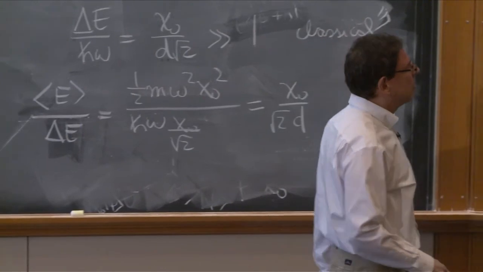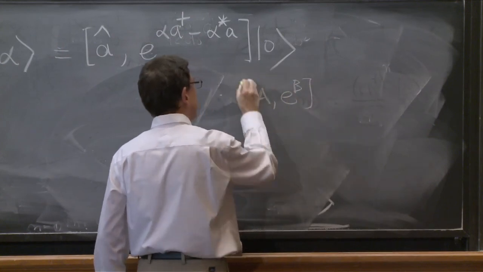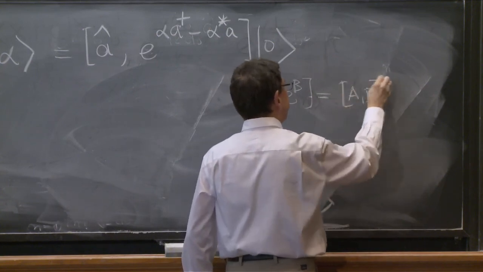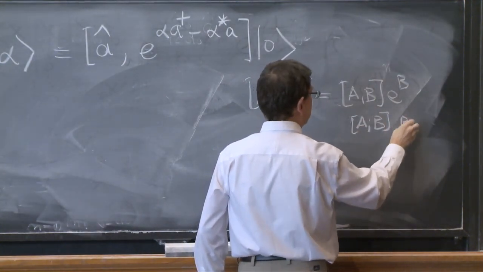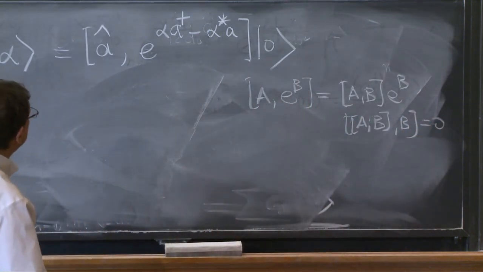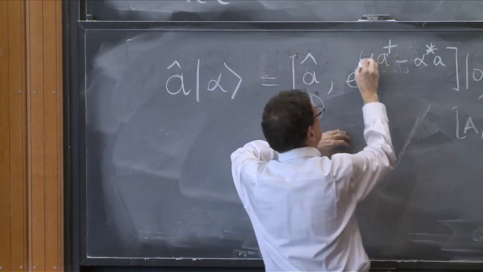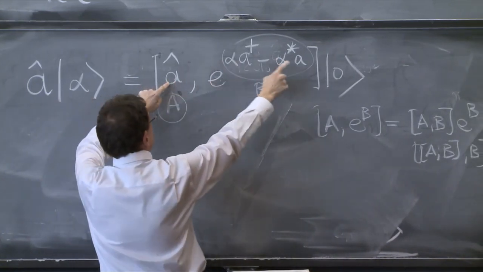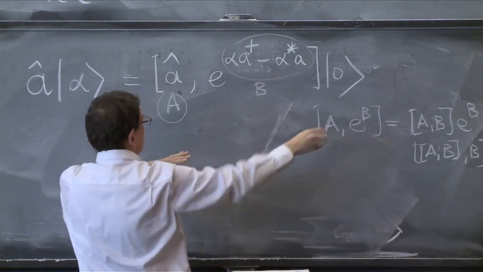Again, it's a little scary, but A with an exponential e to the B, it's in the formula sheet, it's Campbell-Baker-Hausdorff again, is the commutator of A with B times e to the B, if the commutator commutes with B. Well, this is A, this is B. A with B is just alpha times 1, so it's a number, so this is safe.